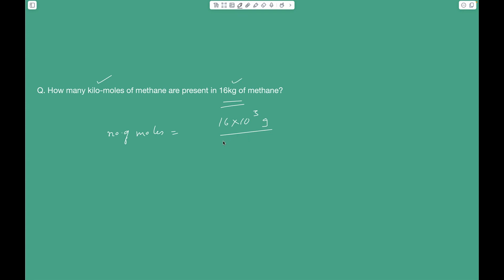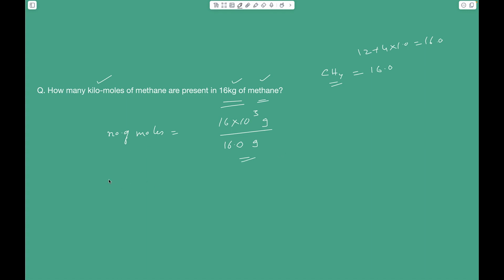Then divide it with the relative mass of the particle that we are talking about. Here we are talking about methane. It's a compound. It is composed of methane molecules, and the relative molecular mass of methane is 16. 12 plus 4 times 1.0 is 16.0. So relative molecular mass of methane expressed in grams is this much.